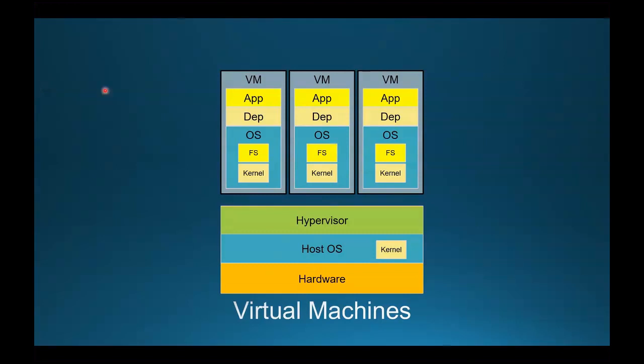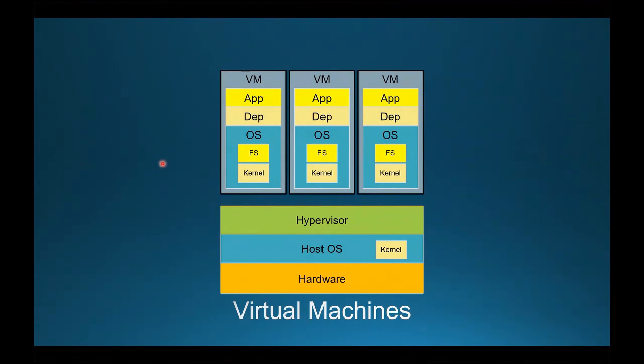A lot of people are familiar with the more traditional virtual machine setup. A single or multiple virtual machines will run within a hardware setup. So you have your hardware layer. Your hardware will be running a host operating system with its own kernel, and then it runs what's called a hypervisor that will manage many virtual machines on one piece of hardware.